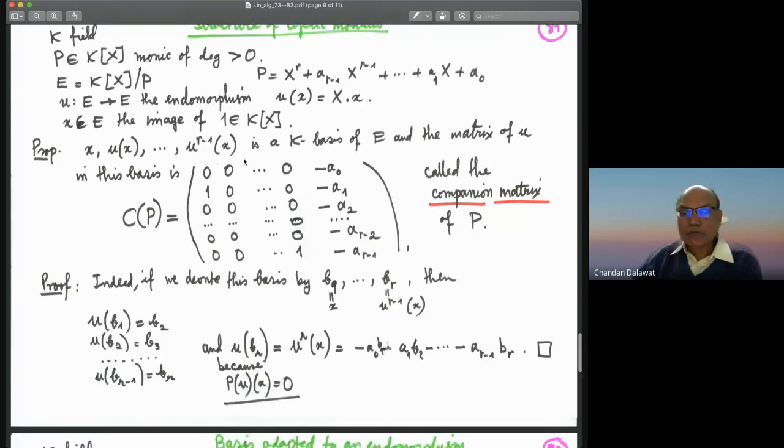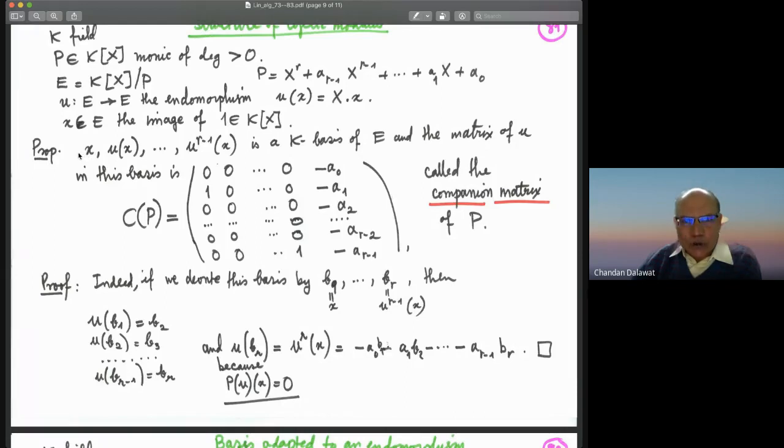So what one can check is that, taking x to be the image of the element 1, and I'm claiming that x, Ux, all the way up to U^(r-1)x, where r is the degree of the monic polynomial, so r-1 is 1 less than the degree.